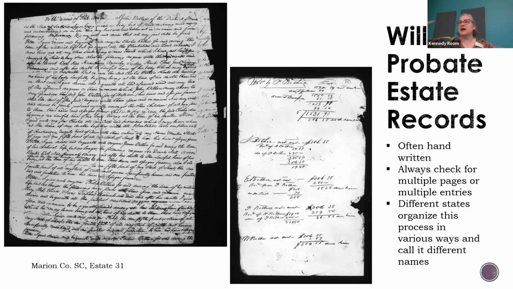So when they announced, hey, the estate is open, these people put in their receipts for, well, I'm owed this much money. So you can start putting together relationships of people, not just the direct heirs. If there is an estate sale, you may get names and what was purchased by each of the neighbors, etc. And so it can be very interesting.